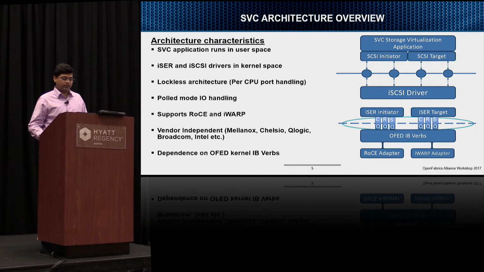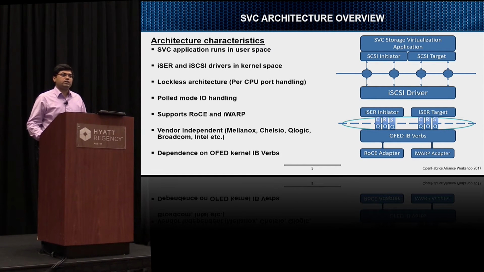So let's take a look at the architecture. I've listed some of the characteristics of our architecture. If you look at the diagram, our application sits in the user space, while the ISER and iSCSI drivers are in the kernel space. We have a lockless architecture, and we have implemented per-CPU port handling.